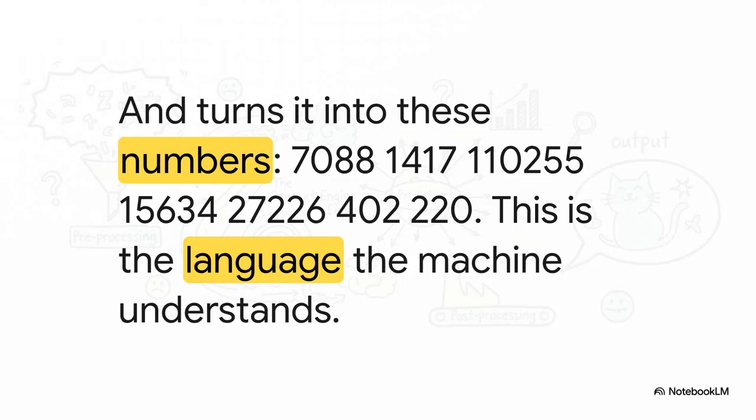And boom, this is tokenization in action. The machine takes our words and turns them into a sequence of numbers, or tokens. Monarch becomes 7088. Even a word like butterflies might get chopped up into smaller pieces. This is the language the machine actually speaks. It doesn't speak English, it speaks math.